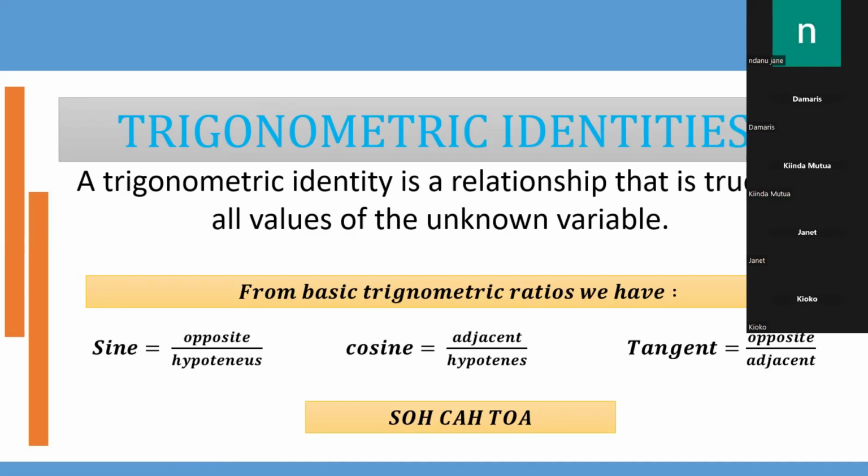Sine is opposite over hypotenuse, cosine is adjacent over hypotenuse, and tangent is opposite over adjacent. These are summed up by a very simple formula.